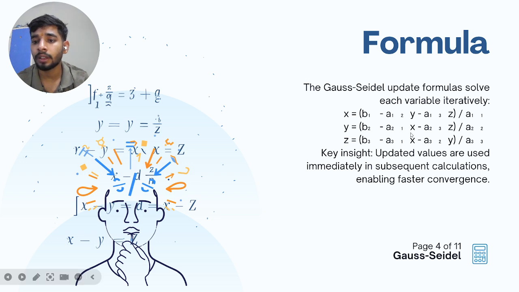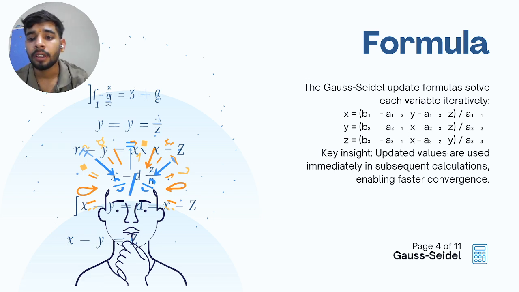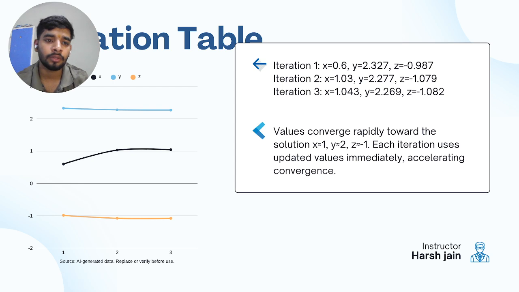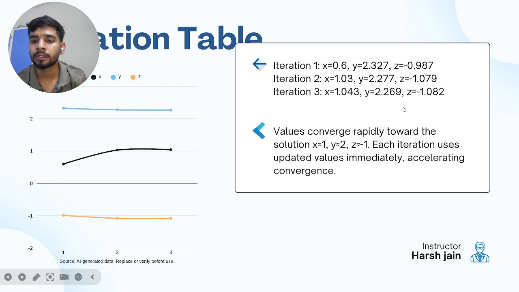Now we find y and z. Here we get the updated value of y and the updated value of x. Then we put both in here, and it is fully updated. In the next iteration, we use the updated values, and further on we reach convergence and get our results.